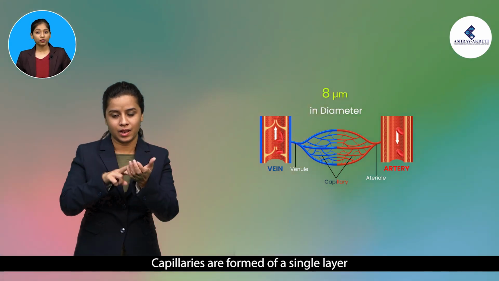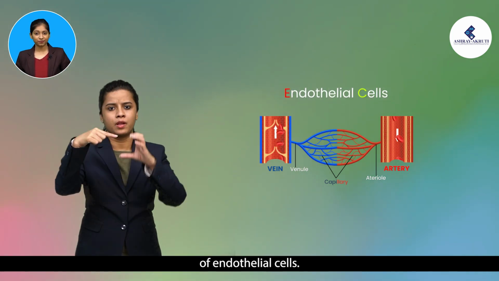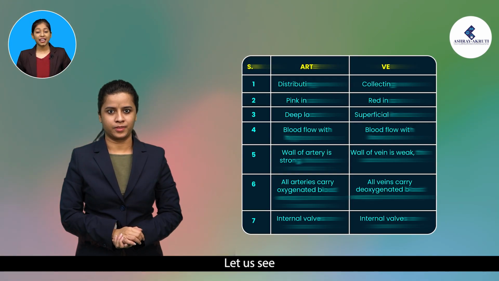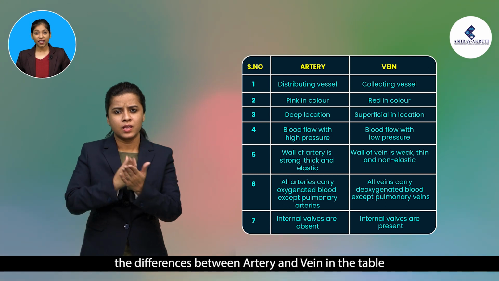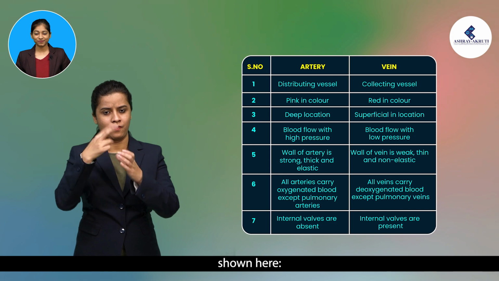Capillaries are formed of a single layer of endothelial cells. Let us see the difference between artery and vein in the table shown here.